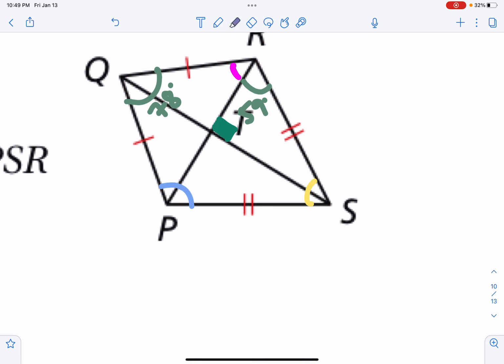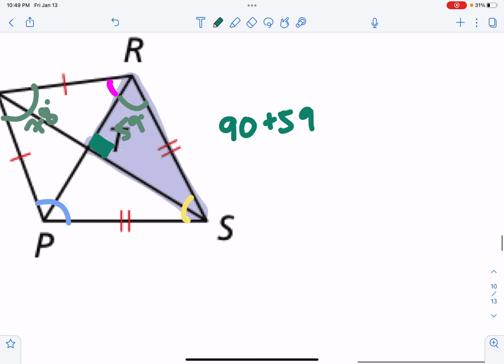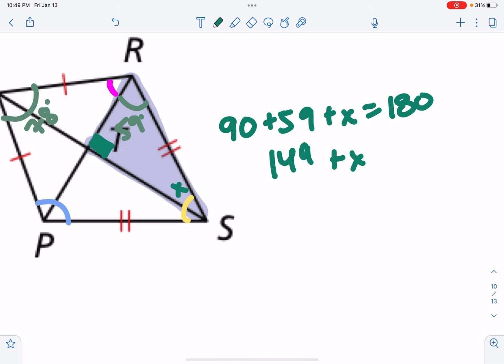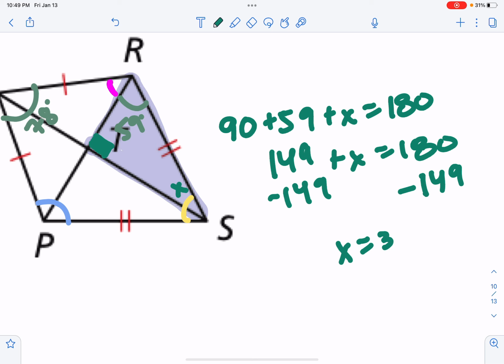So we can figure out, we've got this triangle in the corner, we can say the right angle plus that 59 that they gave us plus x equals 180. And we can solve that. We'd get 149 plus x is 180. And when we solve that, we should get that x is 31.